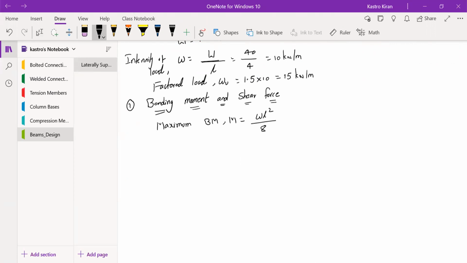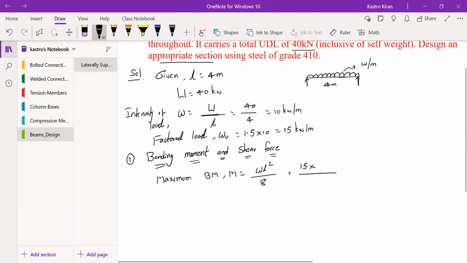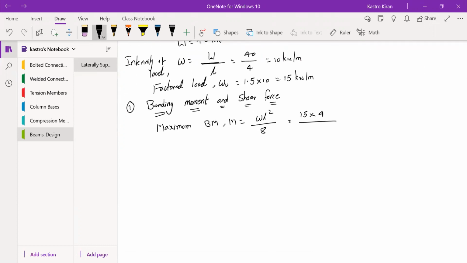Where W is 15 kilonewtons per meter, which is the factored load intensity, and L is the effective length, which is 4 meters, so 4 square upon 8. If you solve this, the maximum bending moment will be 30 kilonewton meters.